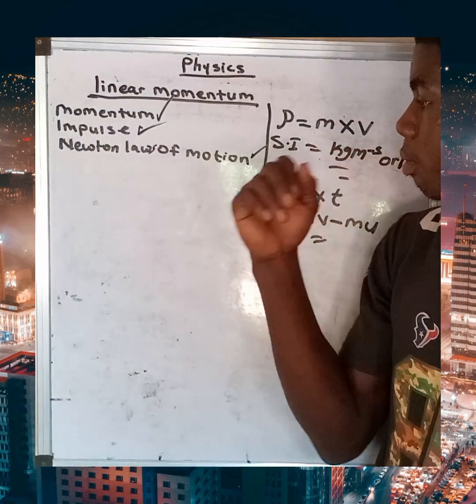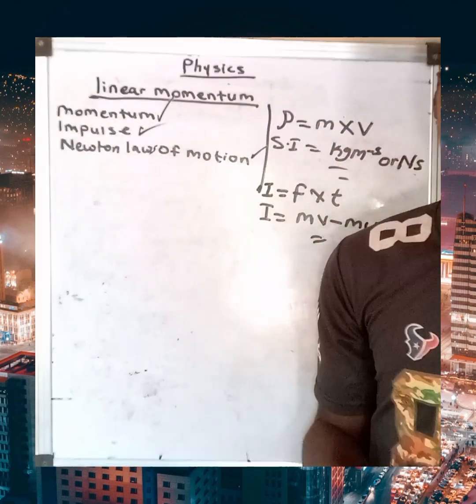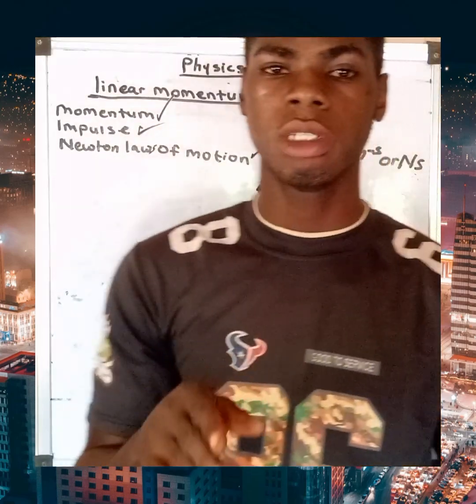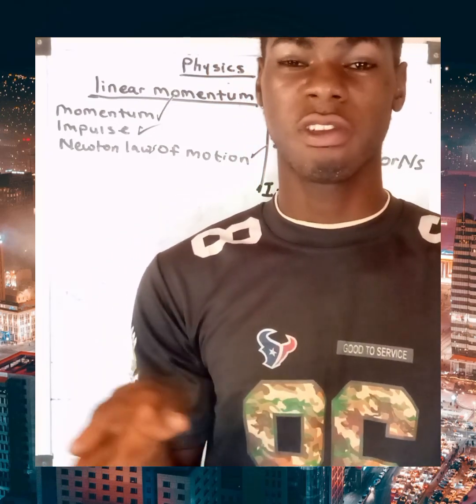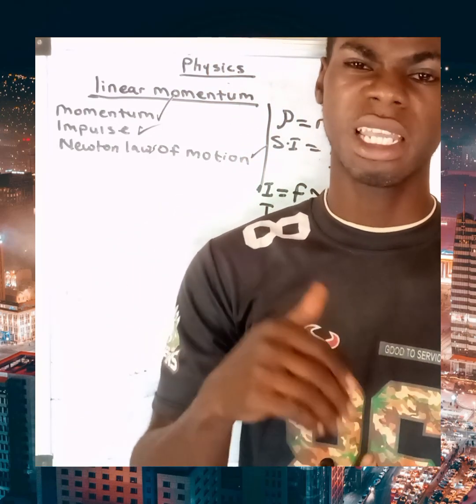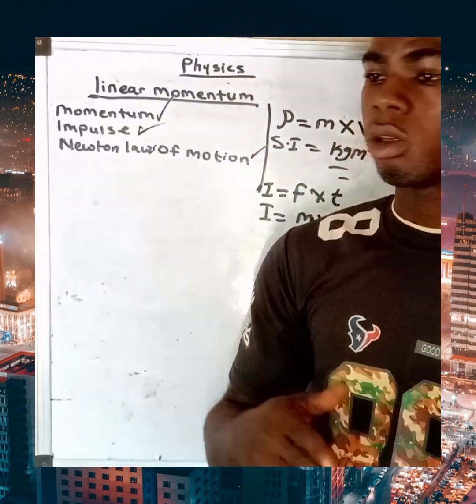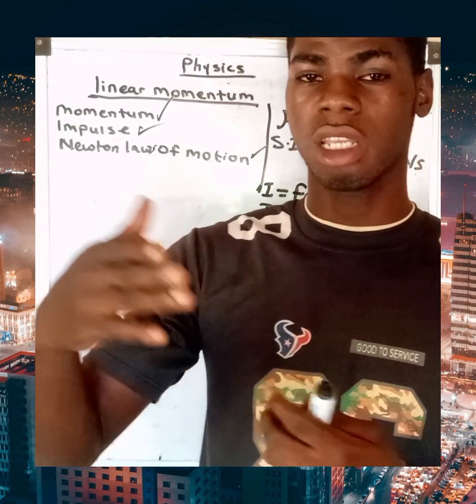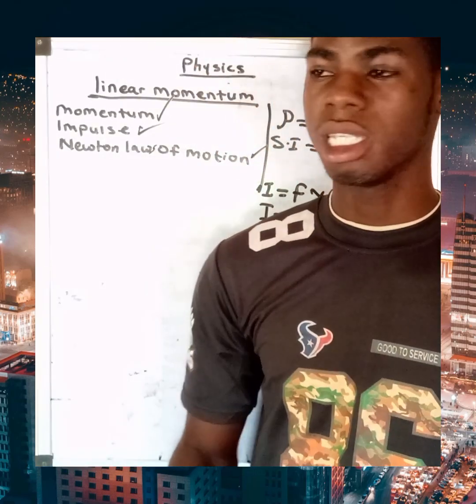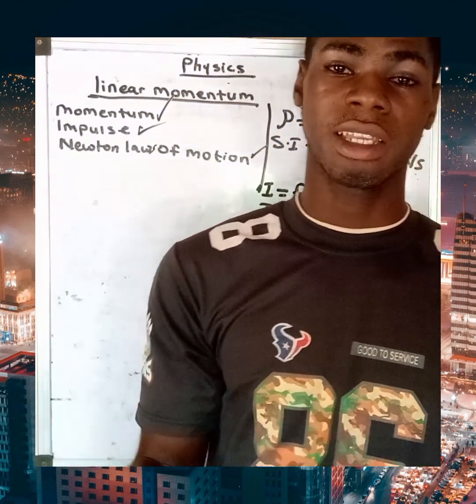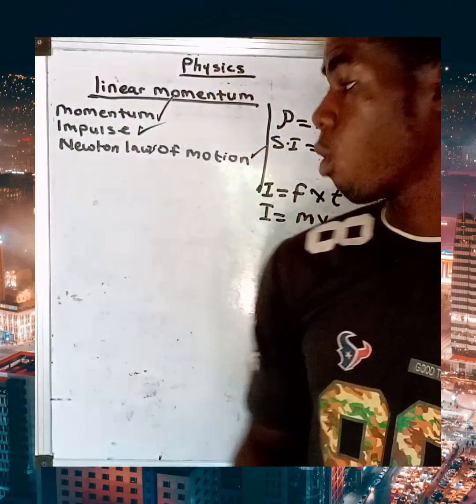The first law of motion states that an object will continue in its state of rest or of uniform motion in a straight line unless acted upon by an external force. An object will always continue in a state of rest. It will remain in the same place unless it is acted upon by an external force.